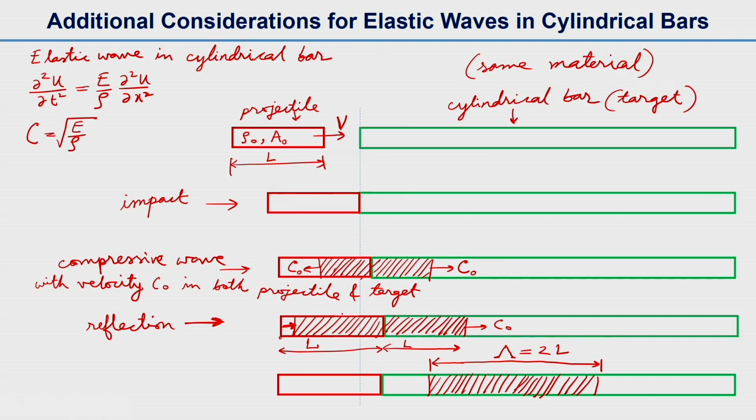Let us say this distance is x after it travels back, and similarly this distance will also be x. So up to this point it is L, and the other part is x. After the reflection, the stress pulse has an actual total length of twice L, and it goes forward in this direction.